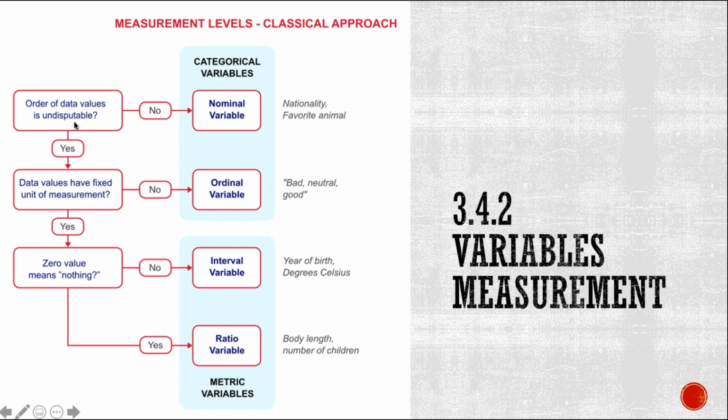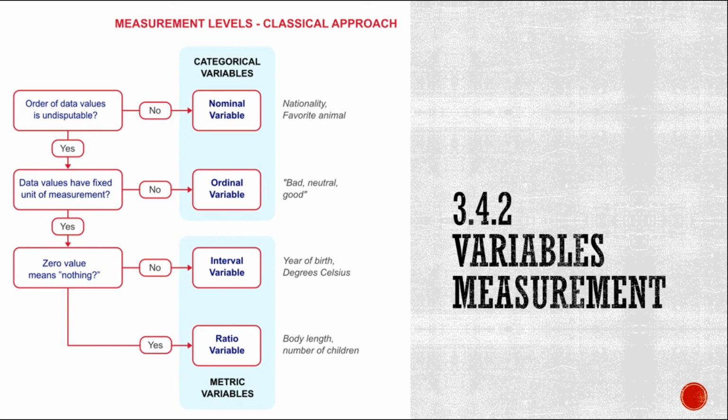But if the values really have a meaning, then you ask this question: do the values have a fixed unit of measurement? If no, you use ordinal. For example, satisfactory or not satisfactory, strongly agree, strongly disagree: 1 strongly agree, 2 agree, 3 neither agree nor disagree, 4 disagree, 5 strongly disagree.